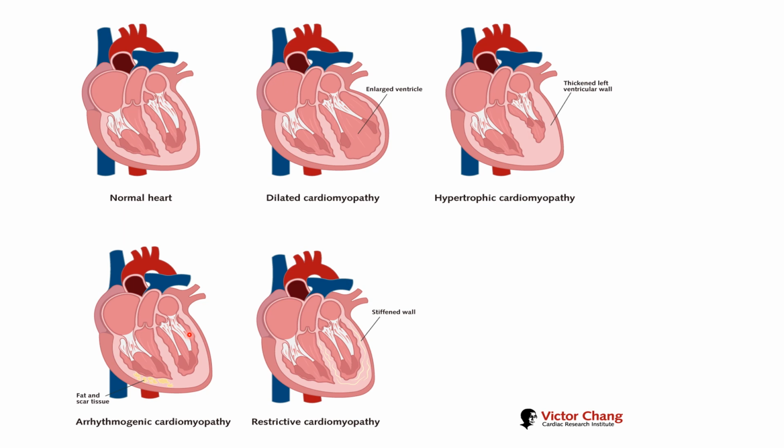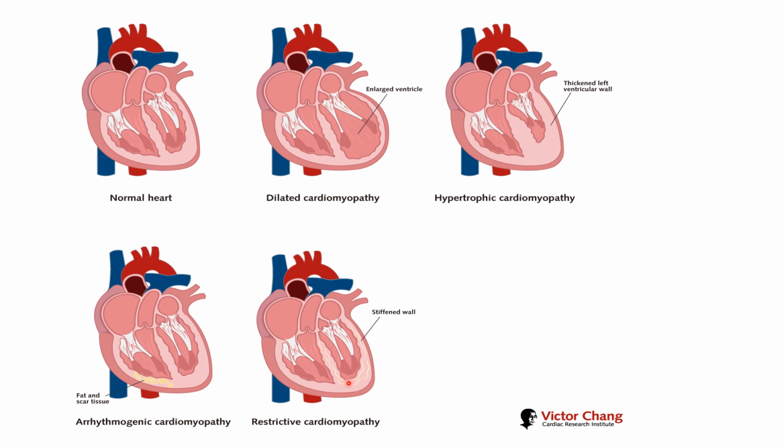Then we have fat and scar tissue formation at the right ventricle, and this is known as arrhythmogenic cardiomyopathy. Lastly, we have restrictive cardiomyopathy, where we have a stiffened wall, as in this case of the left ventricle.